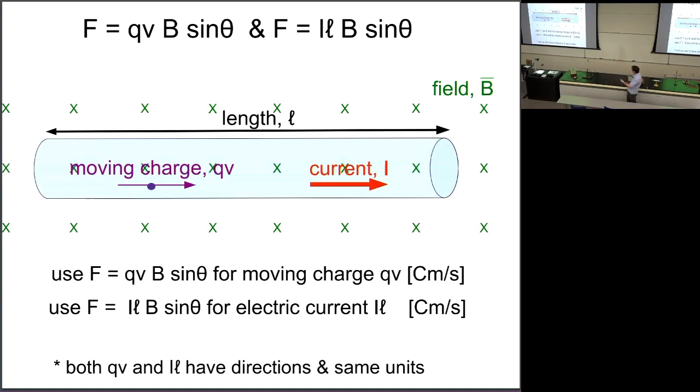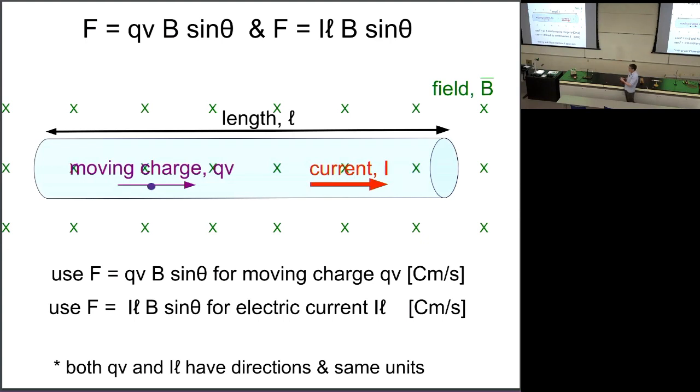If you want to imagine the situation that can be thought of in terms of these two field equations, maybe think about this picture here. These green crosses are indicating a magnetic field that's streaming in towards the screen, streaming away from you. There is a wire that's stretched from the left to the right in this region of magnetic field. It's bathed in this region of magnetic field. This wire is carrying electrical current.